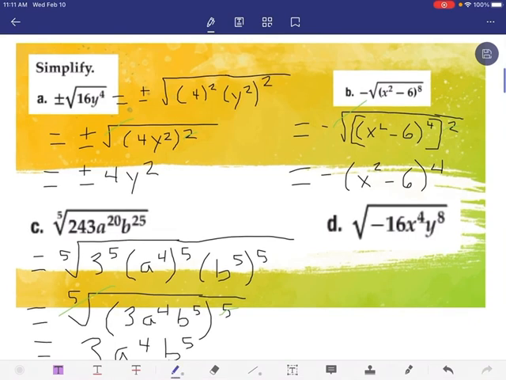And then on this last one, notice again we have a square root. But hopefully we notice that we have a negative 16 there. The problem with that is because it's a negative 16, basically we're looking for what two numbers multiply together to give us negative 16. Well, if you said 4, well, 4 times 4 gives, let's say, positive 16. And if you said negative 4, well, negative 4 times negative 4 is also a positive 16.